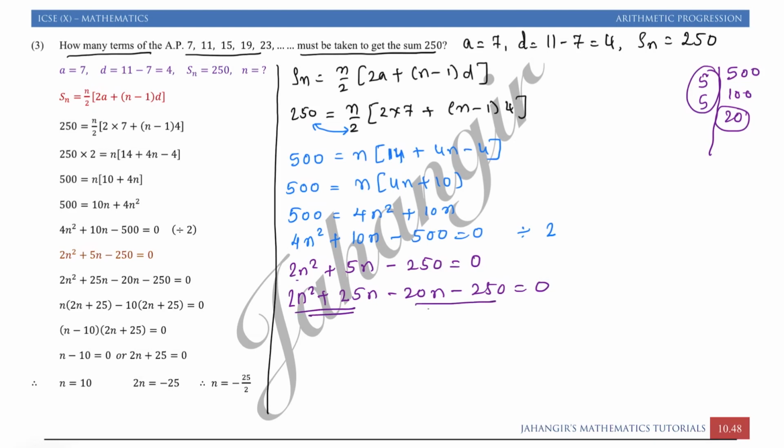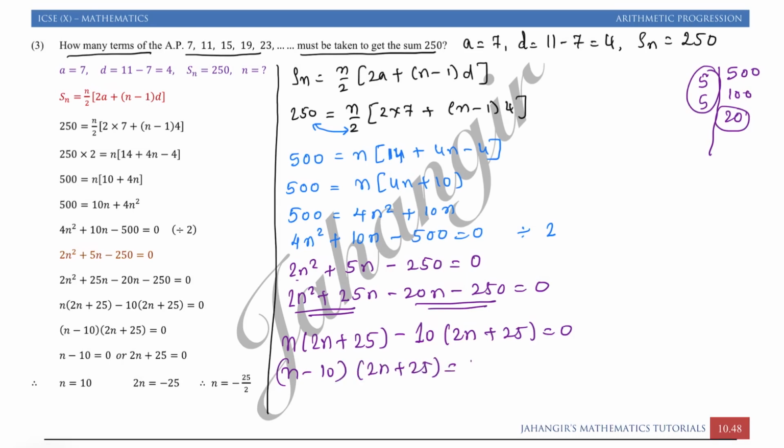Taking out common from the first two and last two terms, you will get n common: n (2n plus 25), minus 10 common: 2n plus 25 is equal to 0. So here I can write (n minus 10) (2n plus 25) is equal to 0.